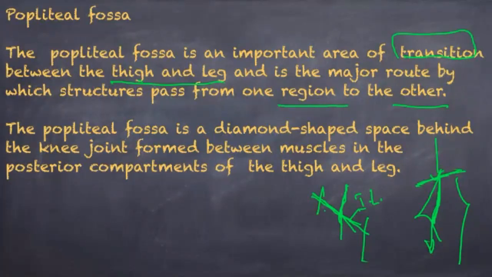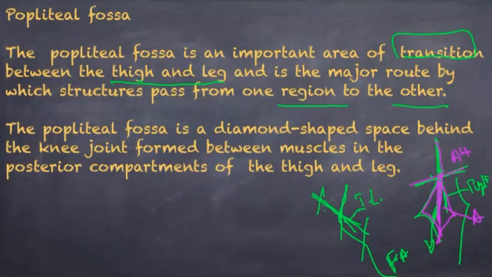So after crossing the adductor hiatus, the femoral artery is known as the popliteal artery. The same external iliac artery is known as femoral artery beyond the inguinal ligament, and the same femoral artery beyond the adductor hiatus and within the popliteal fossa is known as popliteal artery.